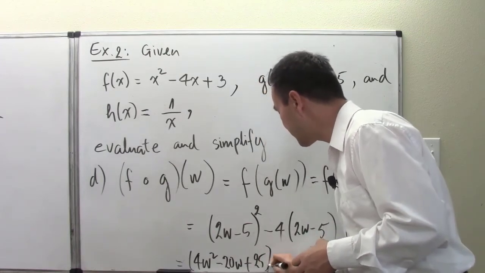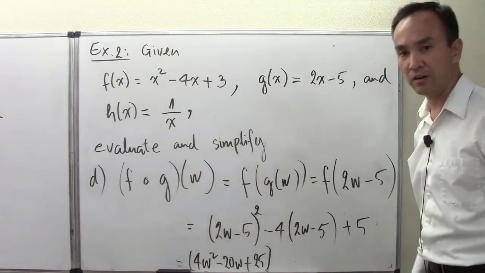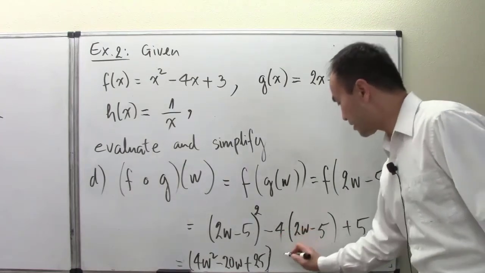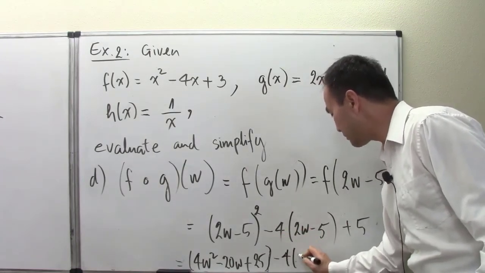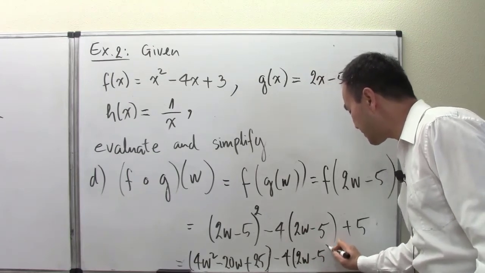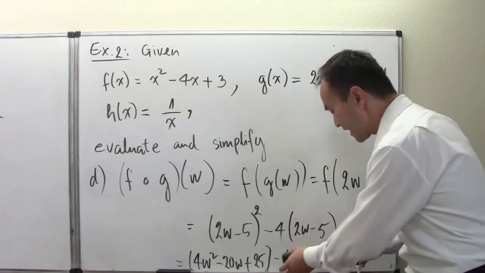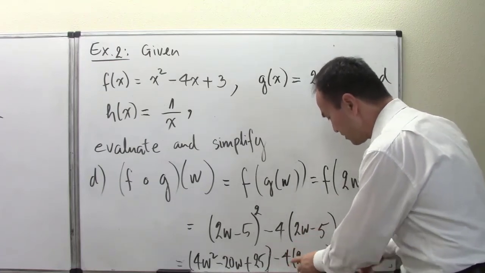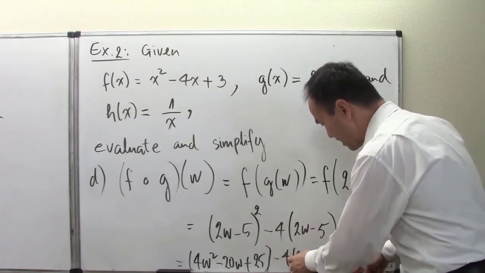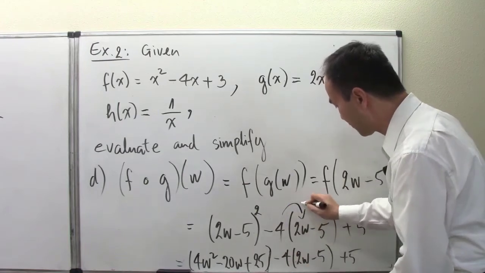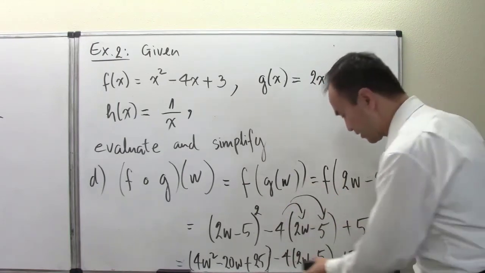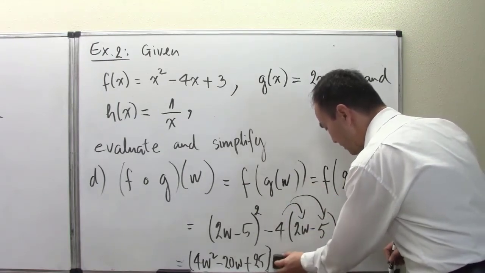Okay, so that's in parentheses. And then now I'm going to minus 4 times 2w minus 5 and plus 5. Here I started rushing the step a little bit. In this step I should have distributed out that minus 4 for each term. So let me correct that as follows.